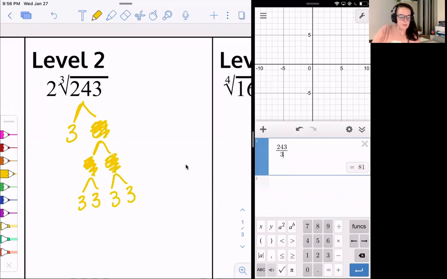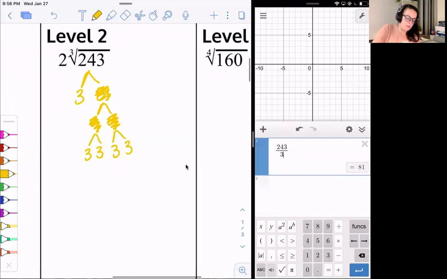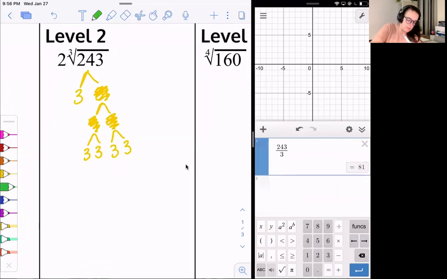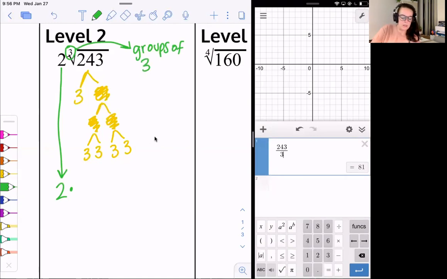All right. So when I have a coefficient, my coefficient is going to come straight down. That number is already on the outside. I need groups of 3 because of this index. Groups of 3. 3 of a kind. So I have 1, 2, 3.